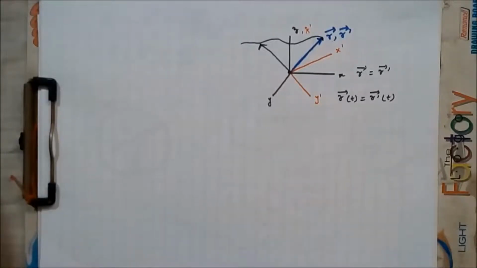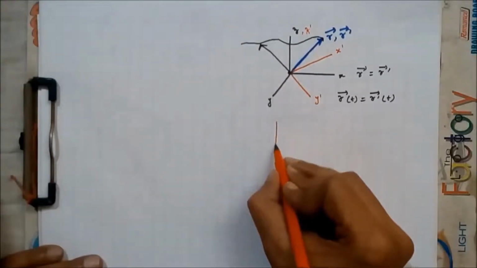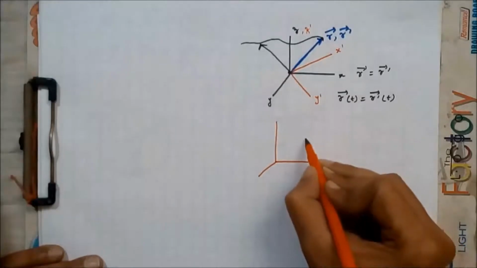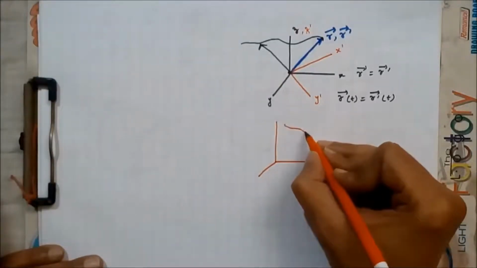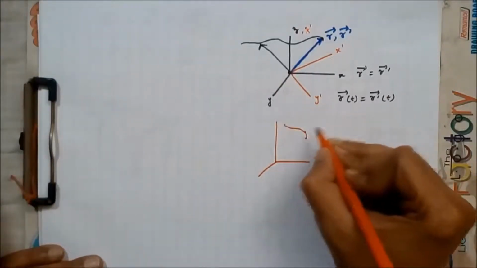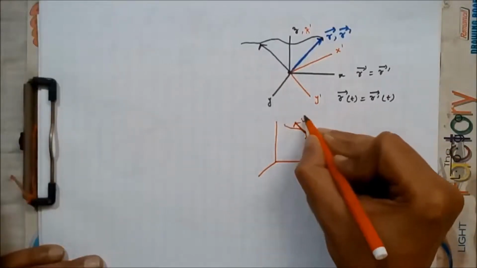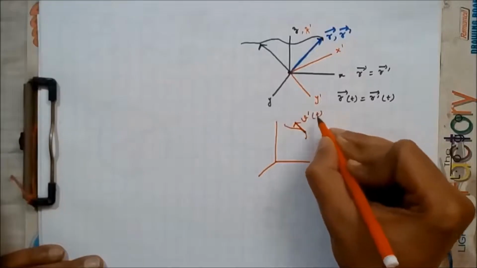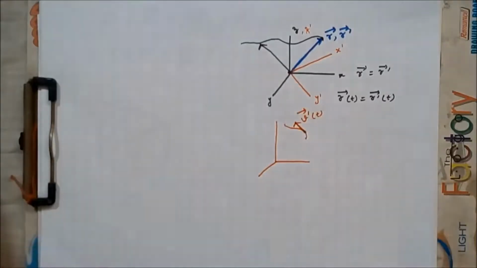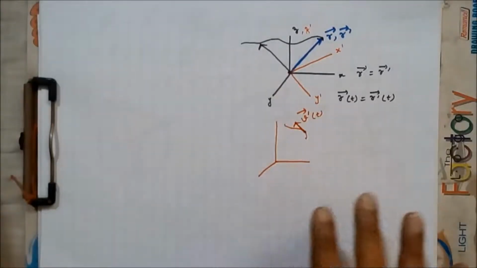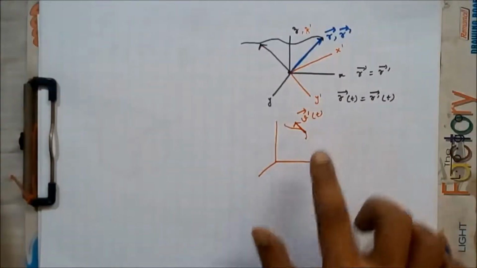Obviously not. So, for example, if with respect to the primed frame of reference, the particle whose position we are describing with respect to time has a velocity v primed of t at some instant of time, does this mean that when seen from some other frame of reference, the particle will have the same velocity?